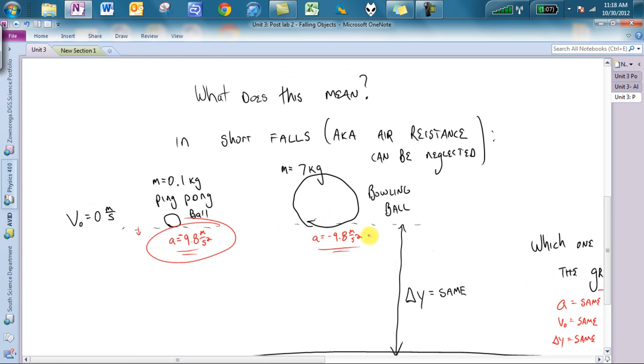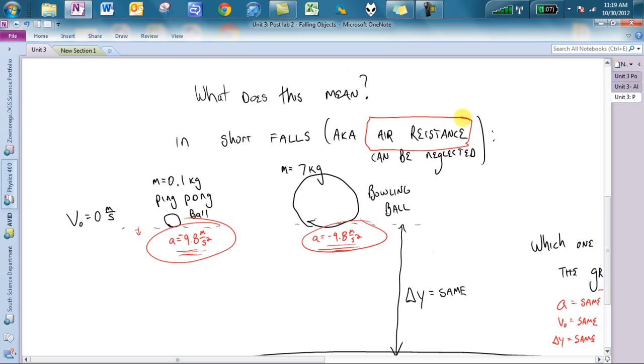No matter how much you feel like that ping pong ball is going to be pulled down less, we noticed in this lab that the accelerations must be the same. I'm talking accelerations, how the object is going to change its speed. Remember, I'm saying this is in short falls. There's this idea of air resistance that starts to kick in once an object starts moving really fast.